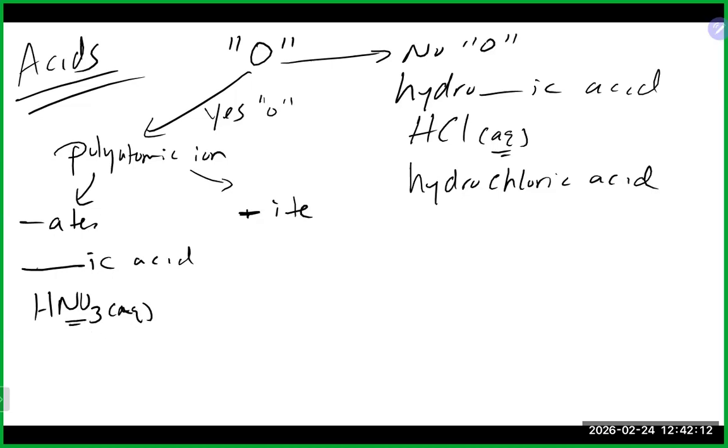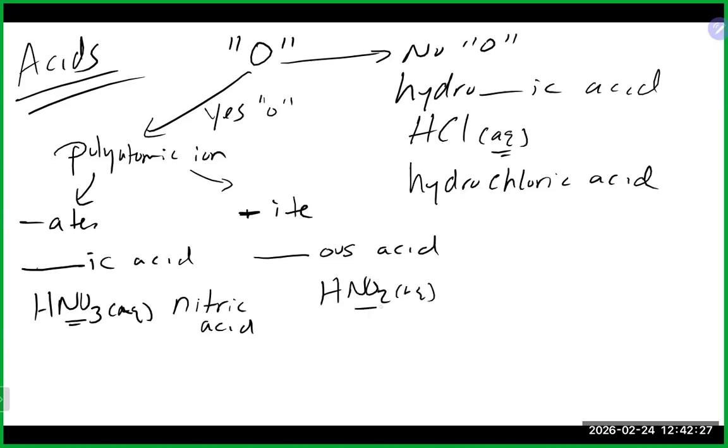NO3 is nitrate, so this will be nitric acid. If it ends in ite, your acid will be ous acid. So HNO2, that is nitrite. This would be nitrous acid. H plus is the cation for all acids, so the negative part is on there. Any questions on acids there?